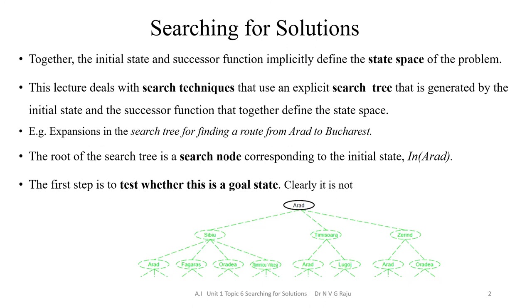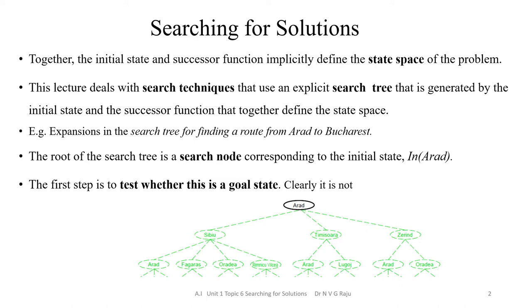A state space is the combination of initial state and successor function. This lecture deals with different searching techniques that use a search tree algorithm generated by initial state and successor function.